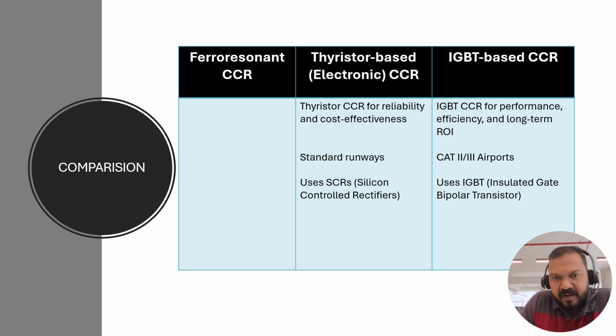Thyristor CCR offers reliability and cost effectiveness, and can be used for standard runways. Usually it uses silicon controlled rectifiers, but IGBT is not like that. Its performance and efficiency are higher, and as I told earlier, it is used for integration with the ALCMS systems and category 1 and 3 airports. In general, airports are categorized as category 1, 2, 3. Category 3 means it maintains the full facility to handle visibility changes.